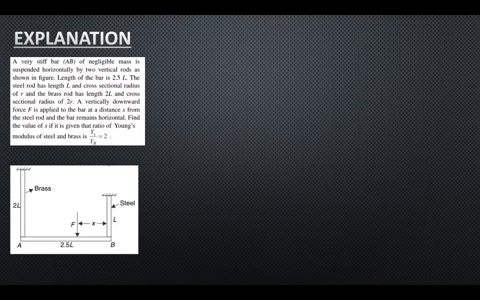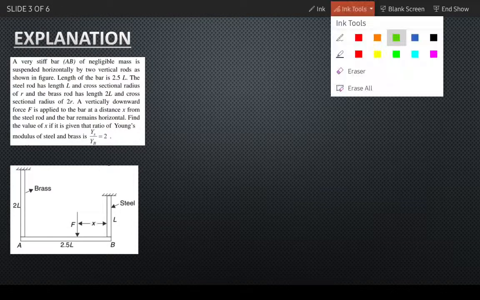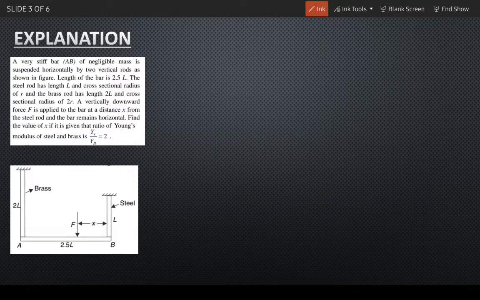So coming to the explanation part. Here, as there is a force applied, we can first have an idea about using a torque balance situation, where we balance the torque about a central point.